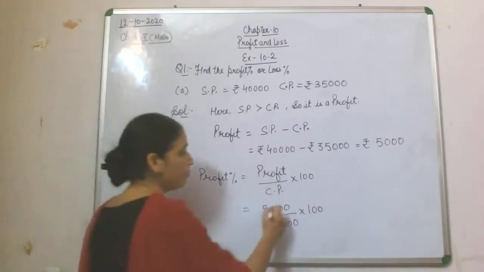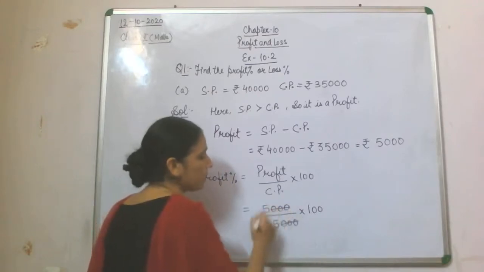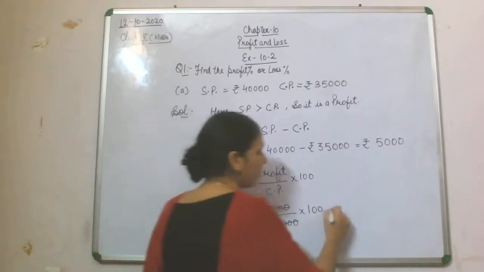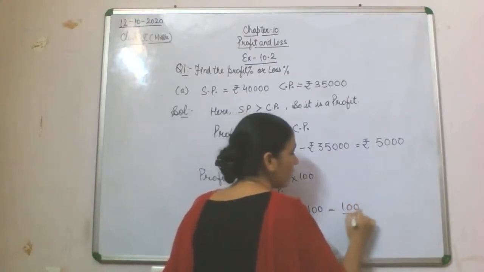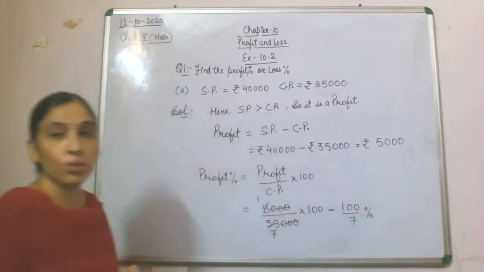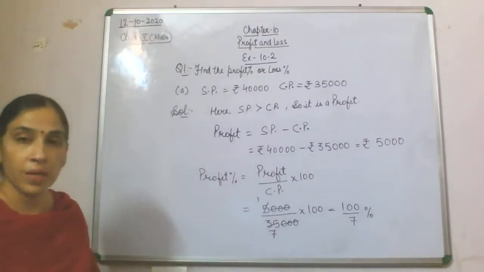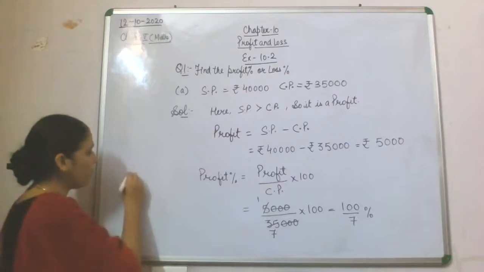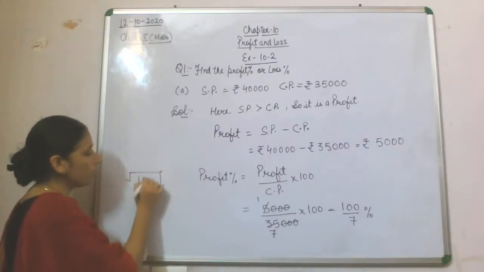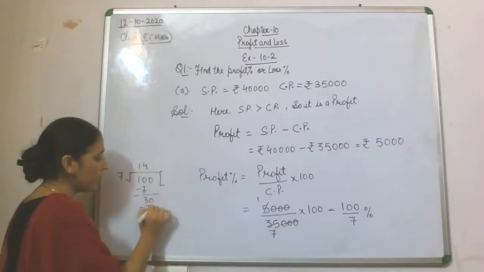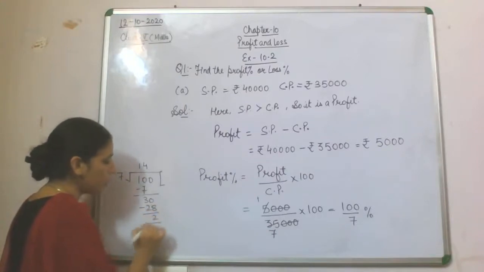So now do the cancellation. 5 sevens are 35. Now what will be left with you? 100 divided by 7%. You can write the answer like this also, or the other way you can convert it into mixed fraction. I'll show you how to convert it into mixed fraction. 7 ones are 7, 7 fours are 28, 2 will be remaining here.